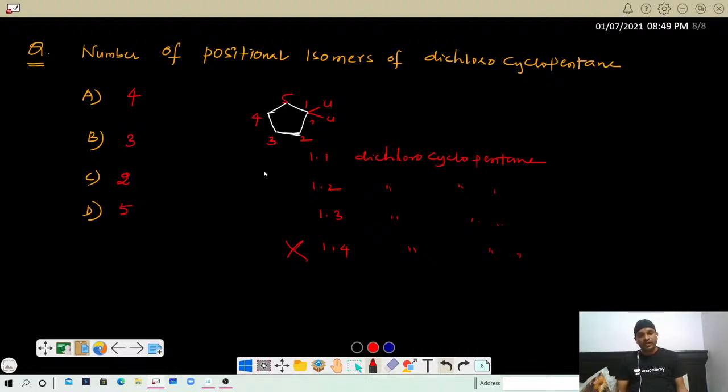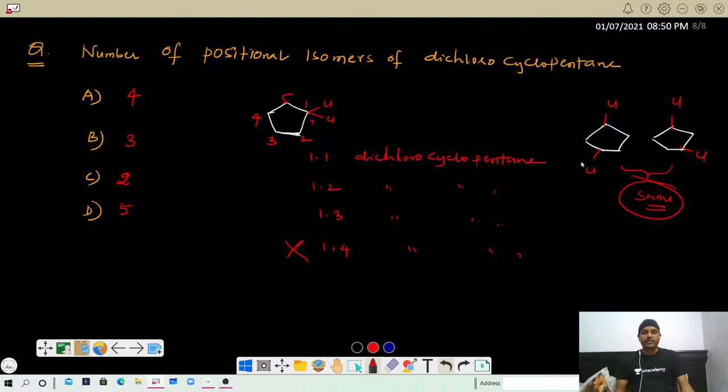If you put chlorine like this, and you have two structures, here it is chlorine and this is chlorine. These two compounds are the same. They are not different. If you give numbering from this side anti-clockwise, you can give 1, 2, 3, this 4, this 5.